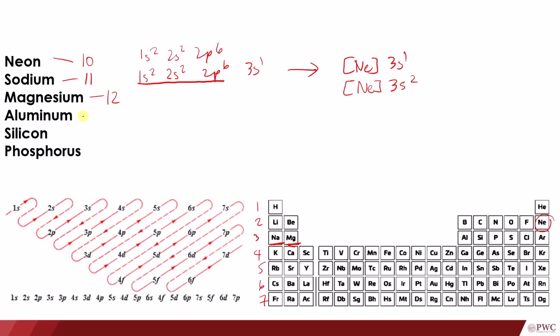Let's proceed to aluminum. Aluminum has atomic number 13. It's over here. Again, the closest noble gas is neon, so that's neon. And again, let's add the others. From this one, it's on the third energy level on the S block. So this one is 3s1, this is 3s2.